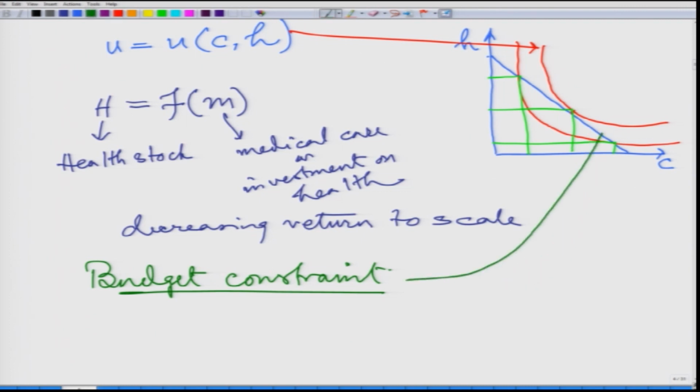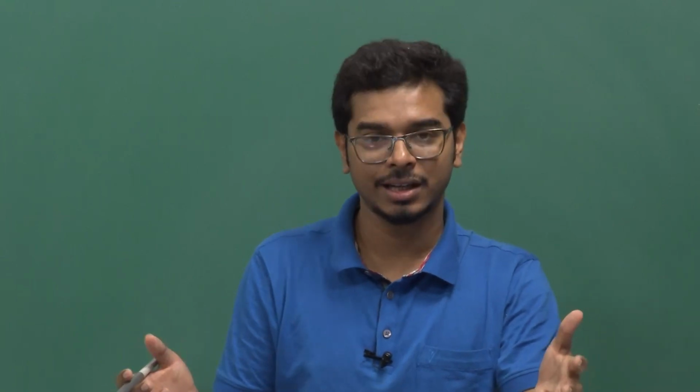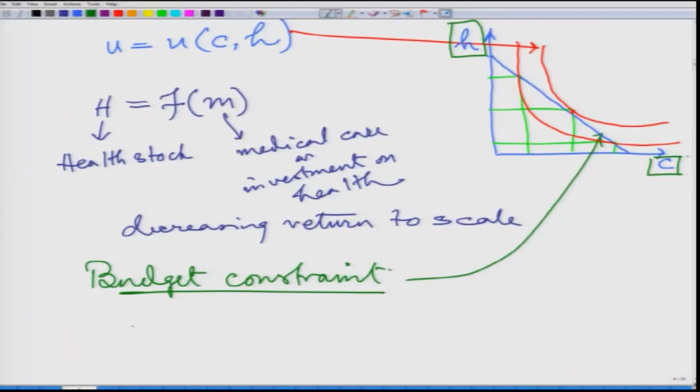When we are talking about this budget constraint, this blue line, we have to think that we are actually investing on both C, that is consumption of other goods, as well as on H. If M is the expenditure on medical care, then we can write our budget constraint as: if this is my income I, it will be greater than or equal to C, consumption on other goods, plus M into H, which is expenditure on medical care.